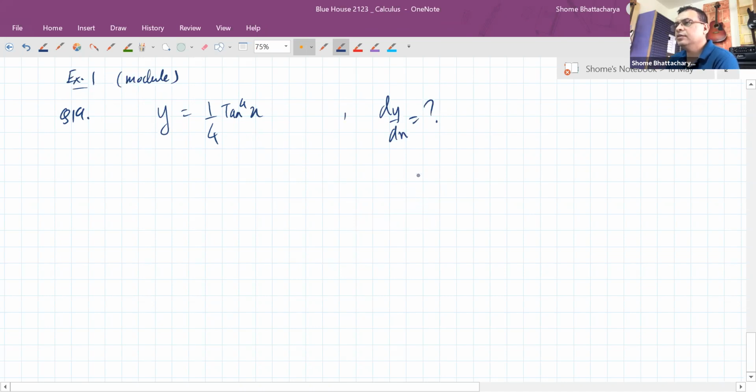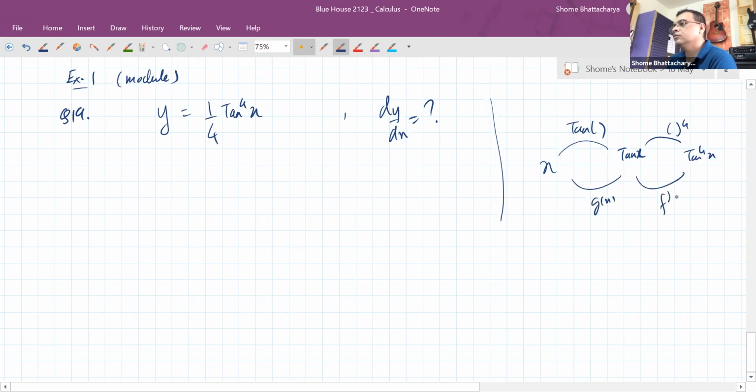So better is I interpret it as a composite function: on x, I have first operated tan to get tan x, and then I've operated the power 4 function to get tan to the power 4. If I go with that method, I can use the chain rule step.